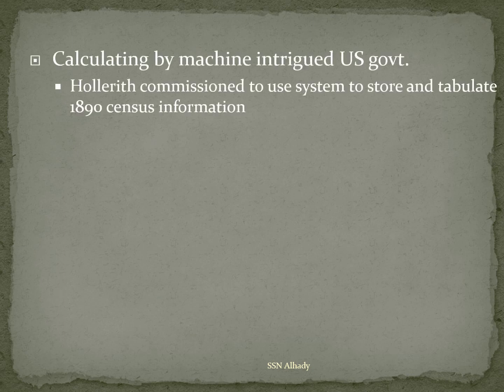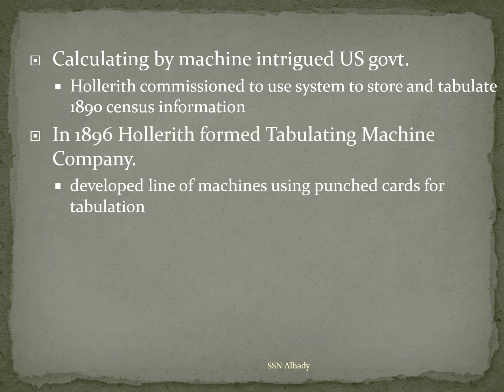Calculating by machine intrigued the U.S. government, so that it offered more grants for the research. Hollerith was commissioned to use the system to store and tabulate the 1890 census information.